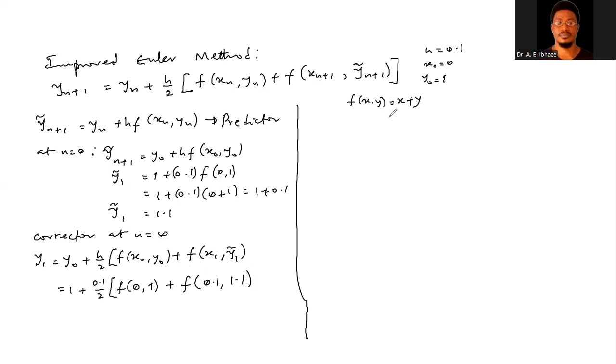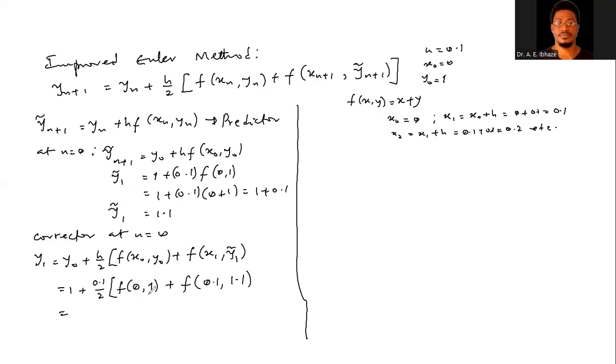Okay. So if S0 is the same as 0, then S1 will be the same as S0 plus H, which is 0 plus 0.1, which will be 0.1. Then S2 will be the same as S1 plus H, which will be 0.1 plus 0.1, which will be 0.2, and so on. Okay? So with this, we can now evaluate f.